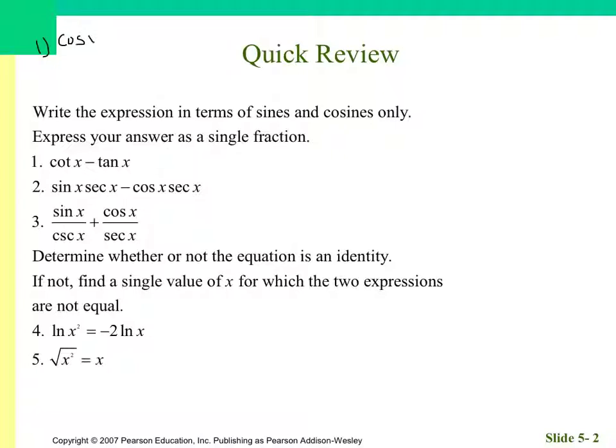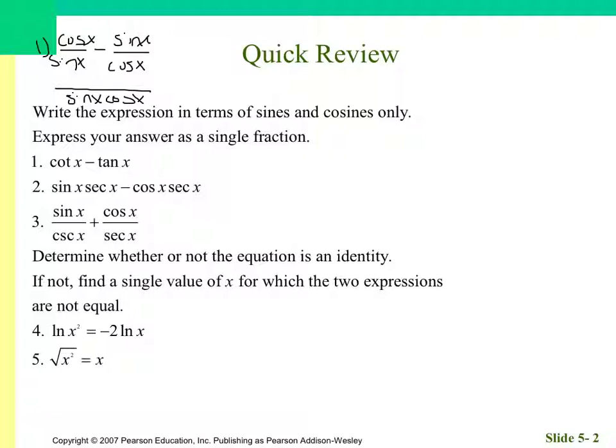Well, cotangent is cosine over sine minus sine over cosine. But it says express your answer as a single fraction, so we need a common denominator. Our common denominator is going to be sine x cosine x.